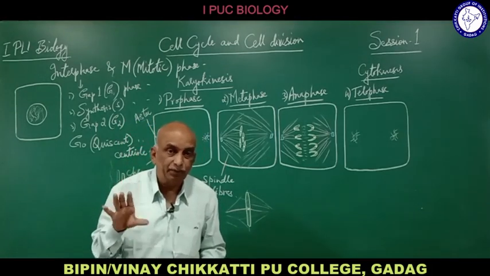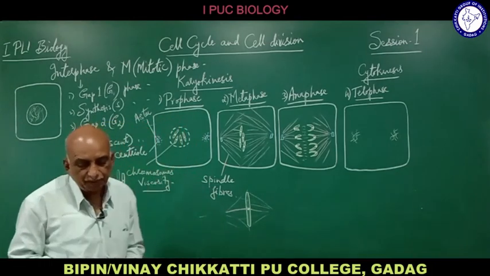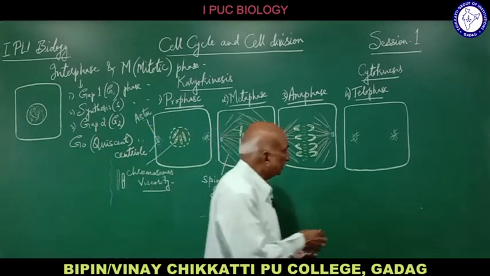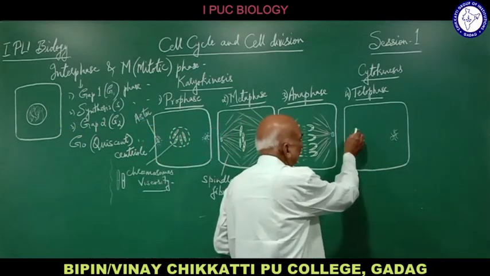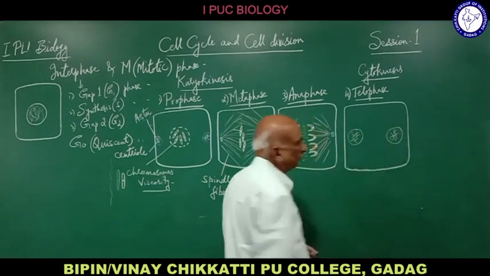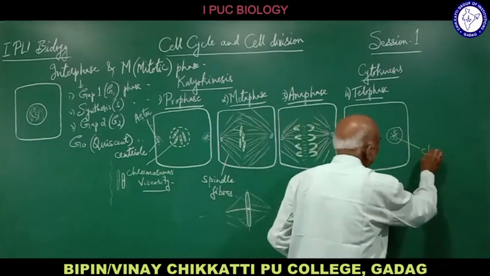They lose their individuality and become chromatin. This chromatin material remains at the two opposite ends of the cell, and then a nuclear membrane is formed around each mass of chromatin. Now this is actually chromatin.